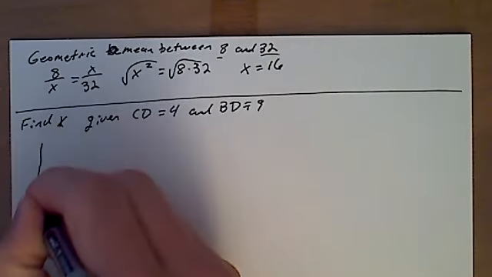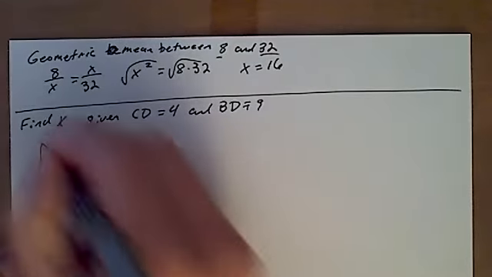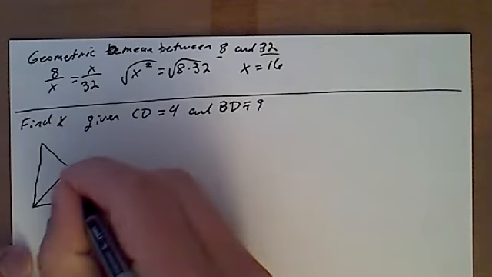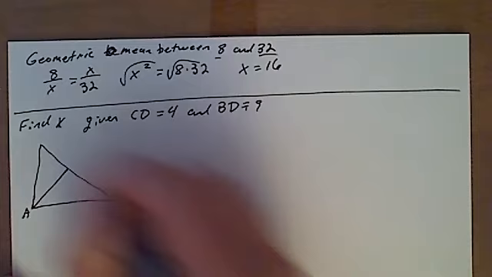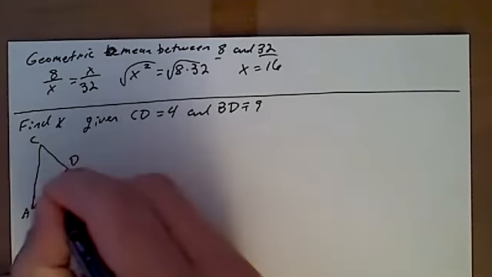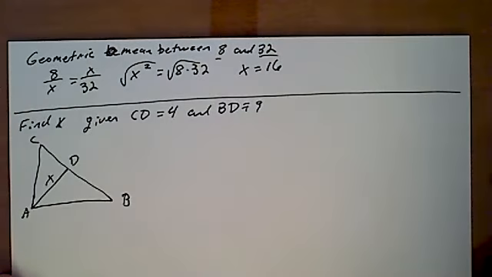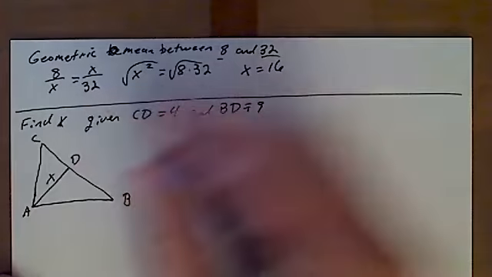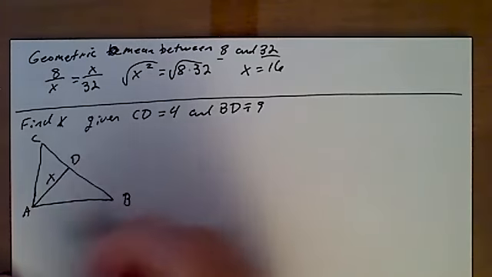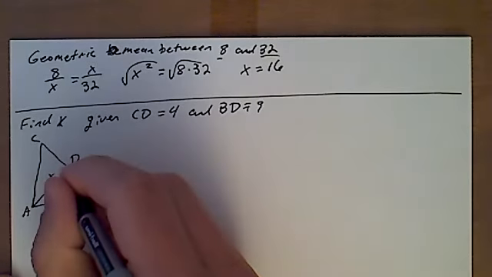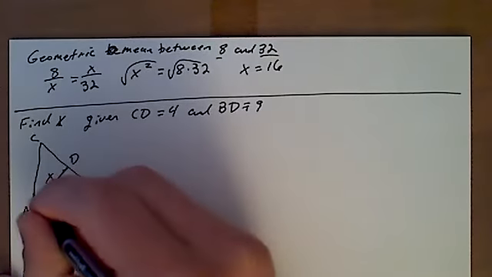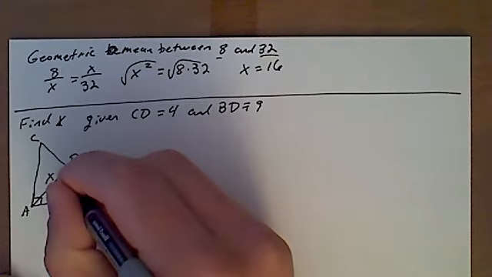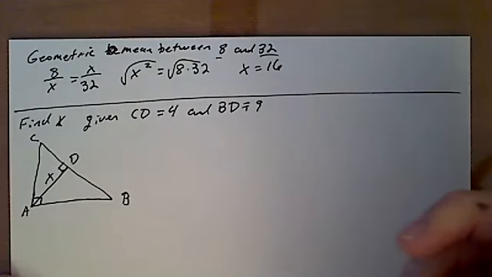Now the diagram looks something like this: B, C, D. There'll be an x in there. It will also tell you that the triangle is a right triangle and this is an altitude. So what you know when it says that is that angle A is a right angle, and this angle down here is a right angle.